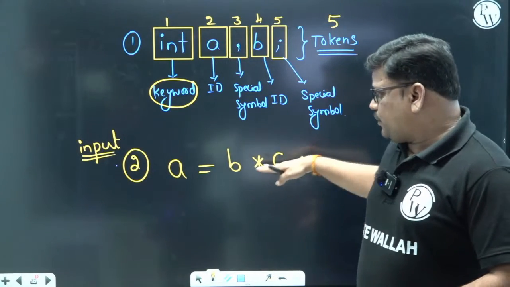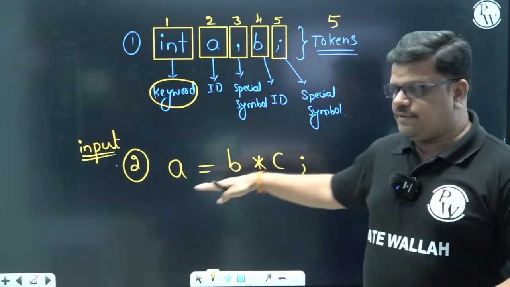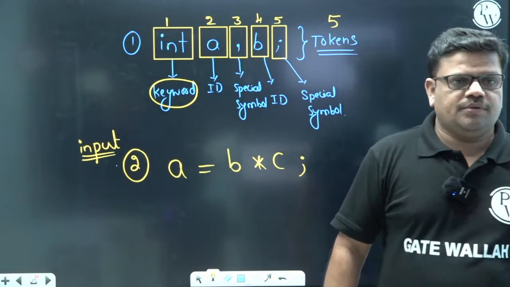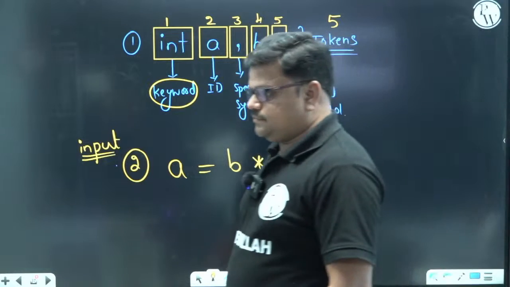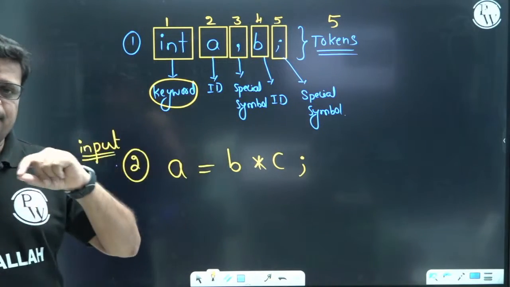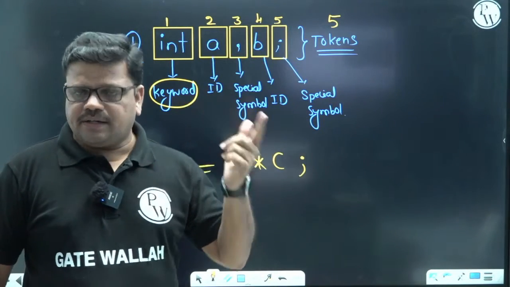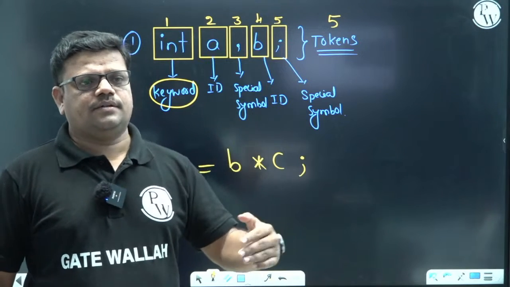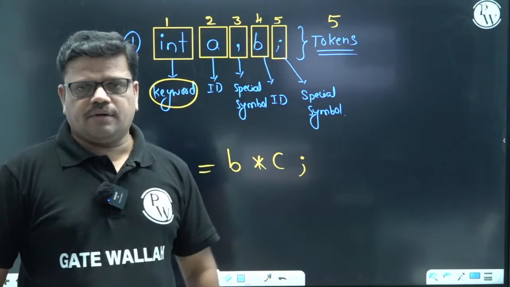Whenever we have any program statement this way, how many tokens will be produced? Read every character. Any sequence of characters should be either a keyword, identifier, operator, special symbol, or constant. It should come under any one of these.